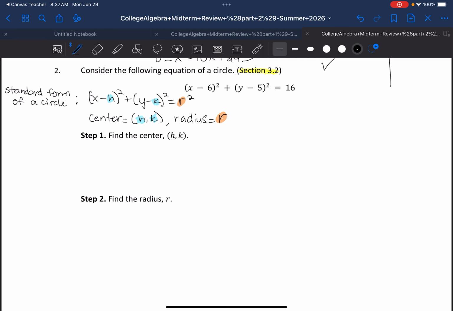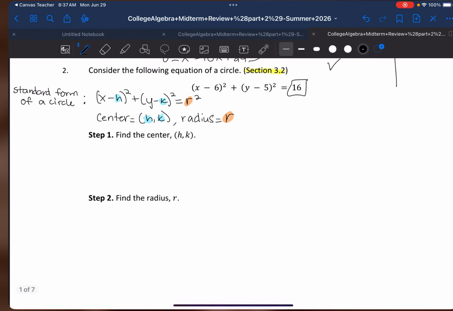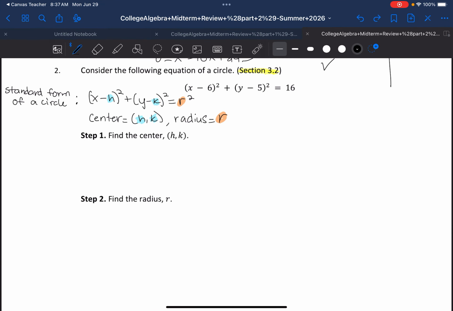So for example, this equation is in that form. The number on the right side of the equal sign is 16. So if you ask yourself, what number can I square to get 16, that would be 4, because 16 is equal to 4 squared.